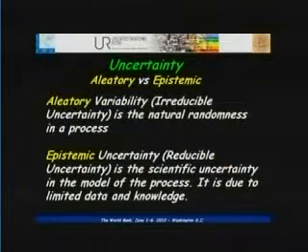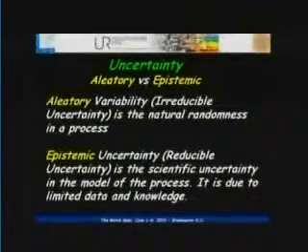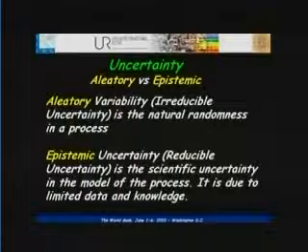Well, generally uncertainty is referred to as a combination of two components, aleatory and epistemic. Aleatory, called also irreducible uncertainty, is the natural randomness of a process, while the epistemic or reducible uncertainty is what comes out from our interpretation, our modeling of this uncertainty.